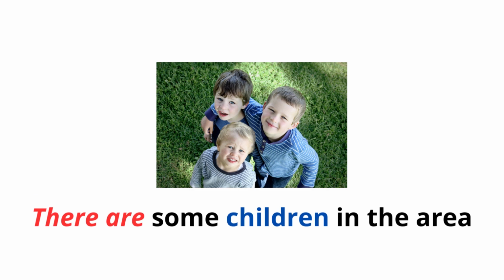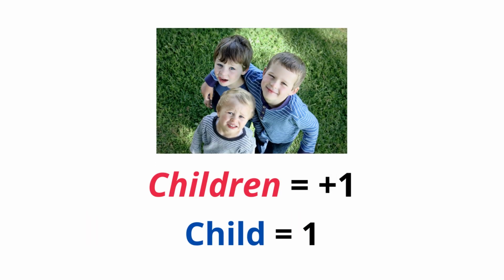The next example, there are some children in the area. In the second example, there are is also used to show the plural. In this example, there is the word children, which means many children. It is the plural of the word child, which means just one child.